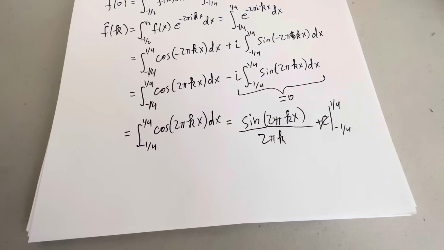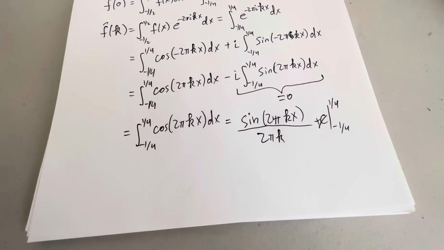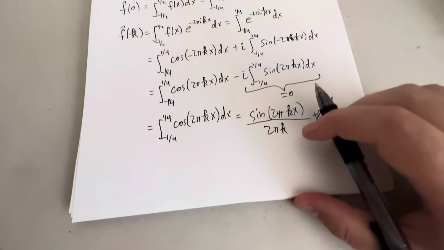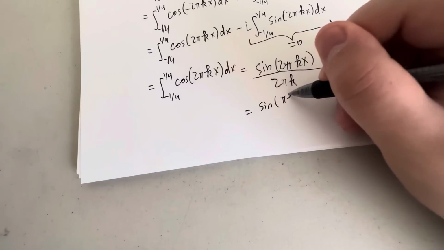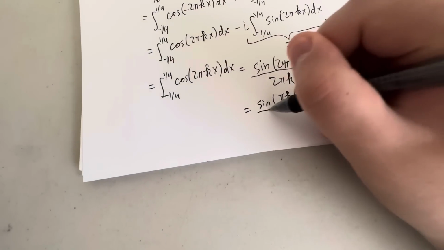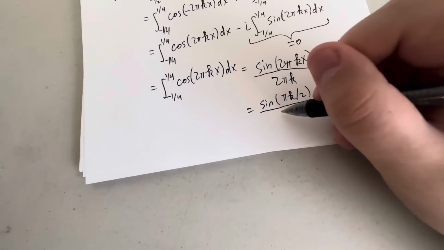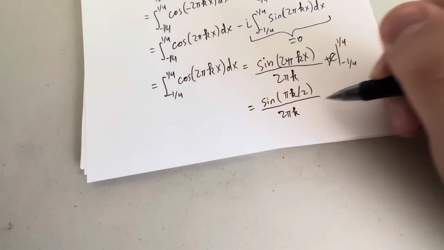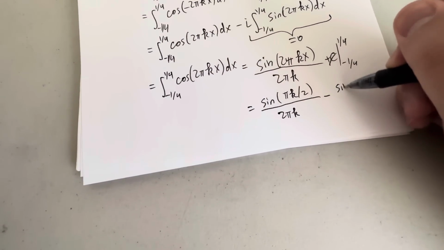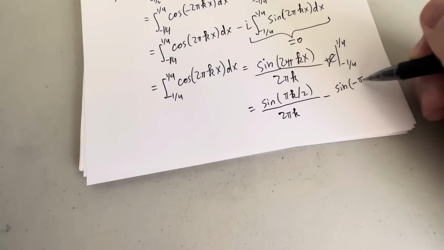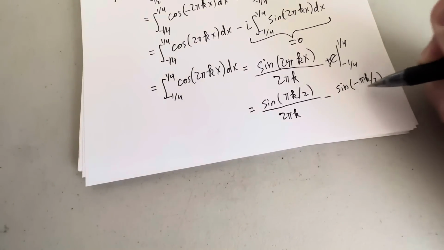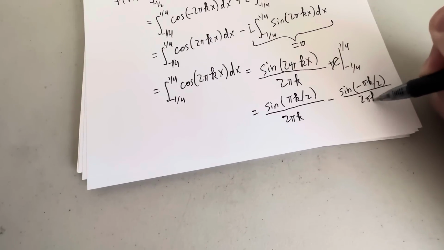And so if we plug in 1/4, we will get sine of pi k over 2, divided by 2 pi k, subtract sine of negative pi k over 2, divided by 2 pi k.